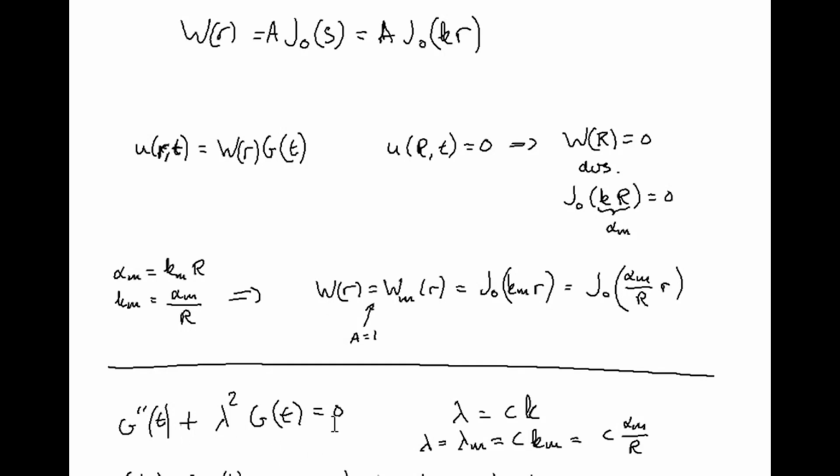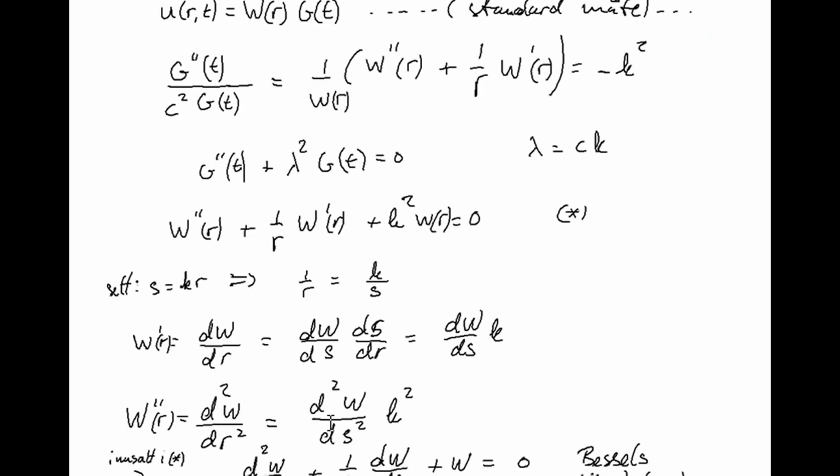In addition, we have another ordinary differential equation. Let's just remind you about this. We had two differential equations. This equation, which we have considered now, and we also must have this ordinary differential equation satisfied. And recall that lambda in this equation is equal to c, which is a known constant in the wave equation, multiplied with this km value. We are only considering values of k such that it corresponds to these km values.